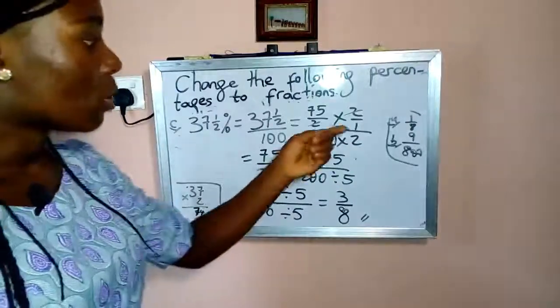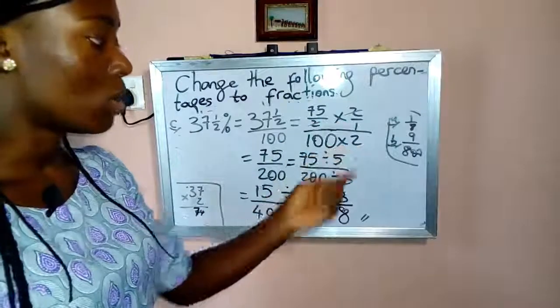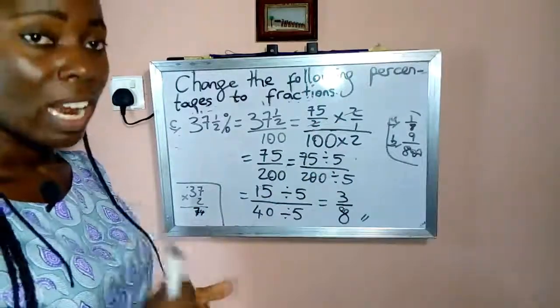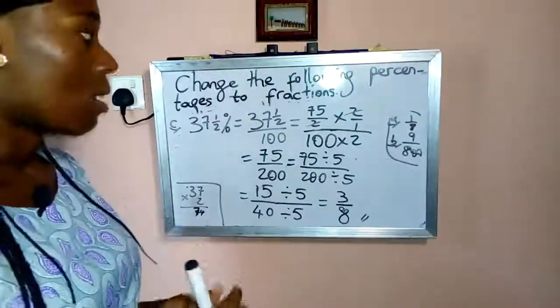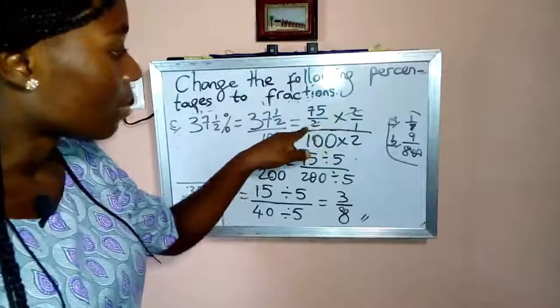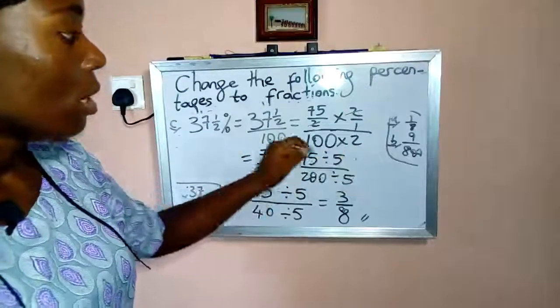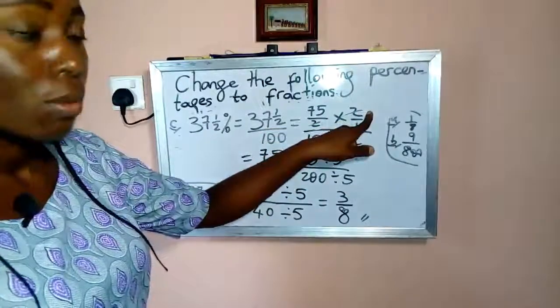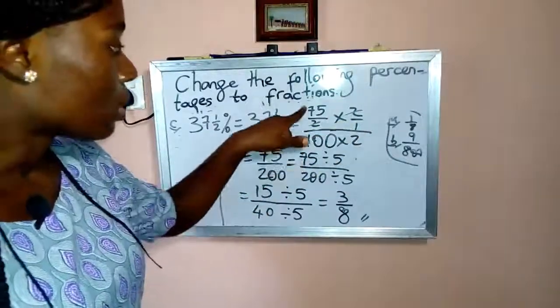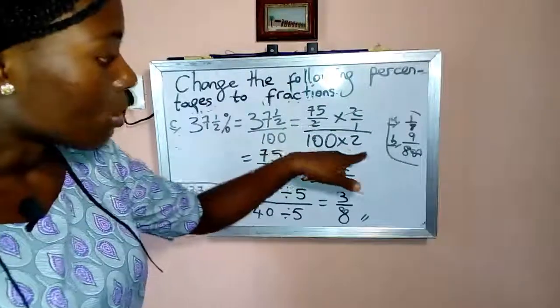So whatever you do for the numerator, you should also do for the denominator, so that at the end of the day you can achieve the correct answer. I have 75 over 2 times 2 all over 100 times 2. Now this 2 cancels out this 2. We're now left with 75 over 100 times 2.